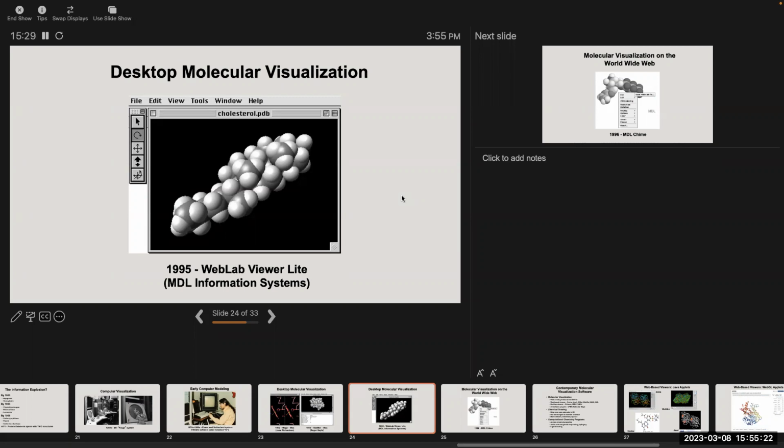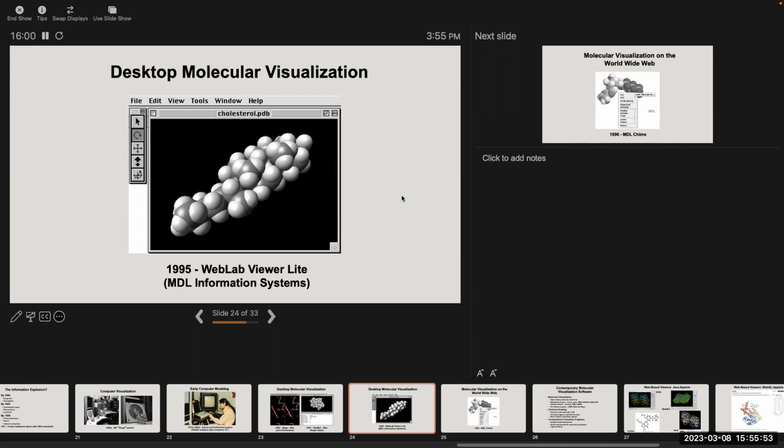By exporting a VRML file out of WebLab Viewer Lite, you could then open it in 3D software. I don't think Maya existed back then. I know Cinema 4D didn't exist, but there were other 3D programs. There was something called Strata Vision 3D, and a couple of other programs. So I was dabbling in 3D back then, mostly for molecular rendering and molecular visualization.